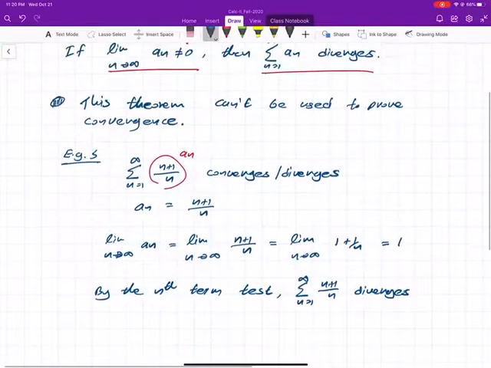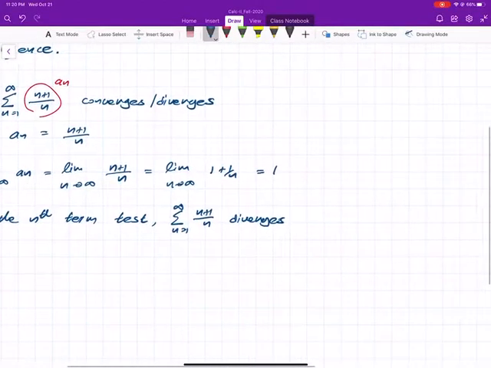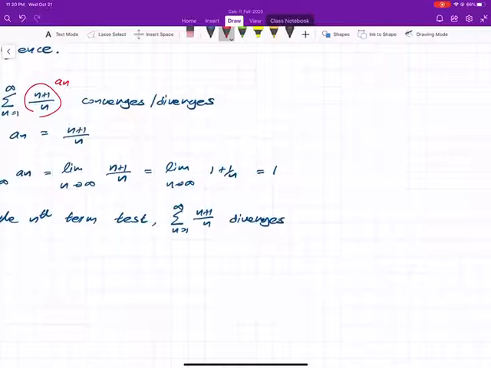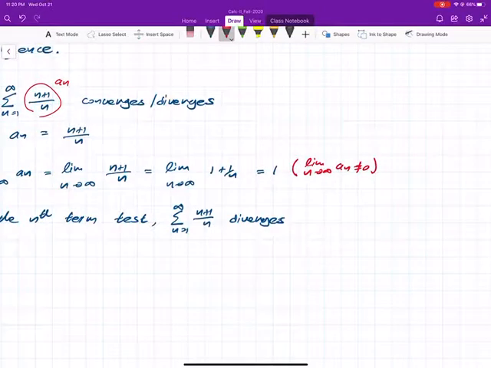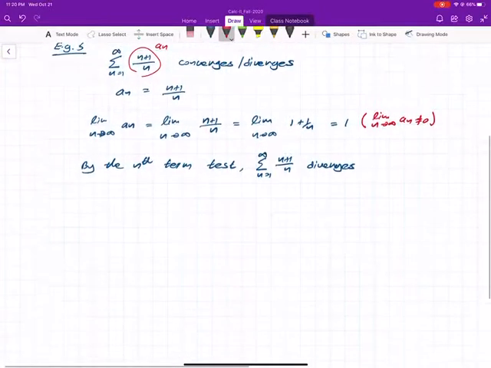It does not equal to 0. Oh, I'm sorry. Let me rewrite this. What I'm saying is limit n goes to infinity, an does not equal to 0. That is the n-term test. Alright, so the series diverges.